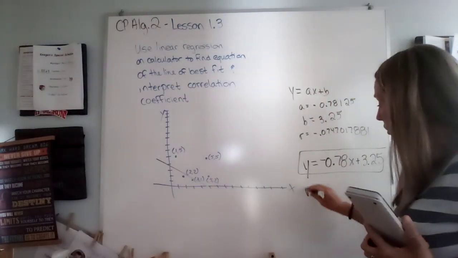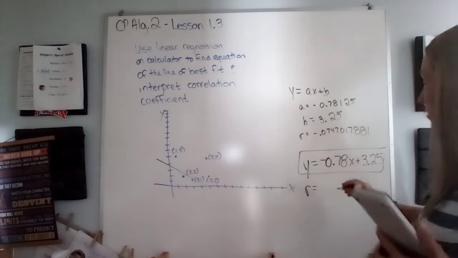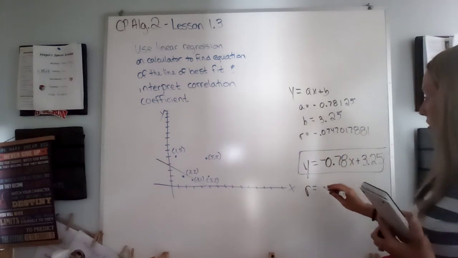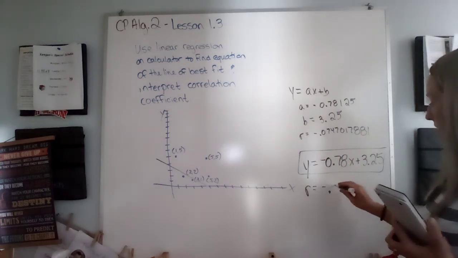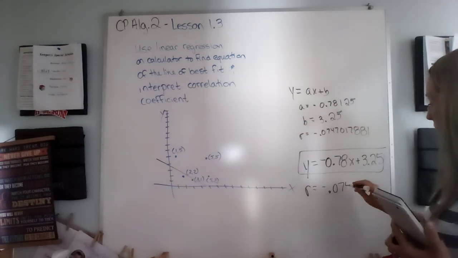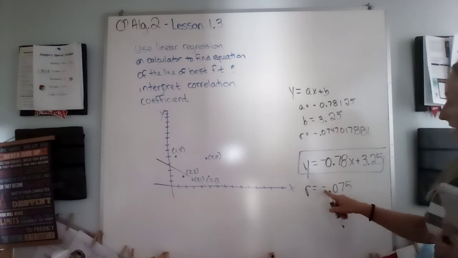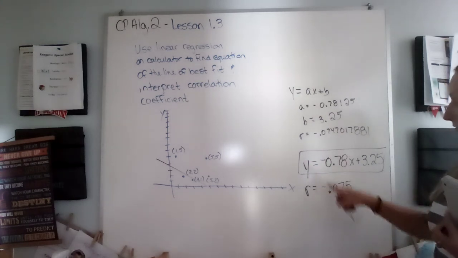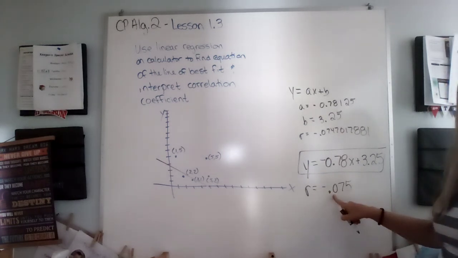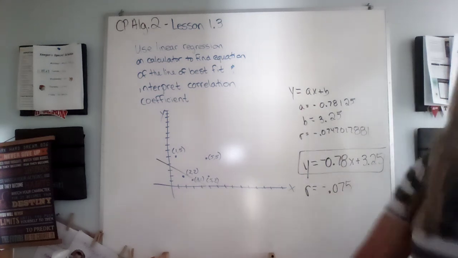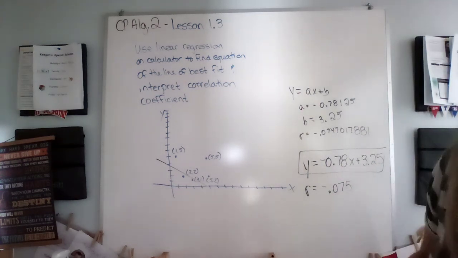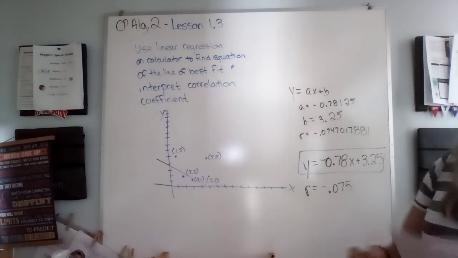And then finally, your r, your correlation coefficient, is negative 0.747, or we'll just round to negative 0.75. It's negative because your slope is negative. But is this number close to -1 or not really? It's not really close to -1. If it's not close to -1 or +1, that means it is not very strong.